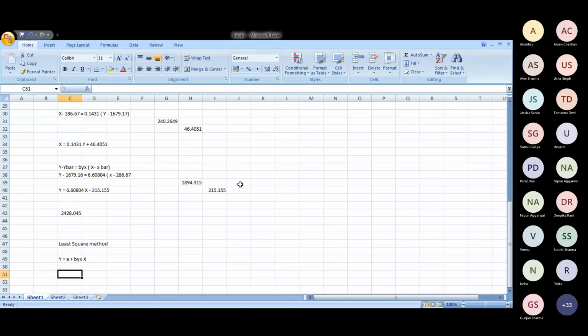Now, this is a linear equation in two variables, and we want to find the values of a and byx. So a and byx are the two variables in this case.